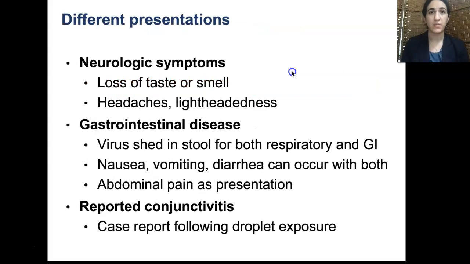The virus can affect many organ systems. Some affected individuals report loss of taste or smell, headaches, and lightheadedness. Some individuals experience abdominal pain, nausea, vomiting, and diarrhea. The virus has been found in the stool of patients with gastrointestinal disease, as well as those with respiratory disease. Some people have developed conjunctivitis after droplet exposure to the eyes.